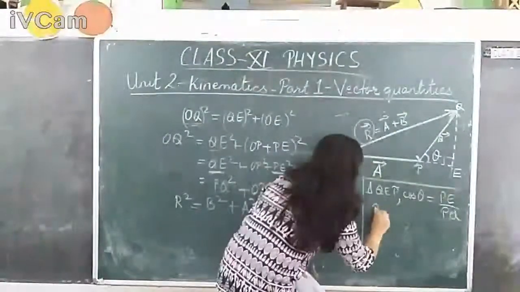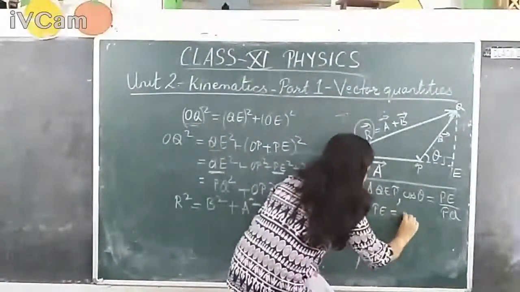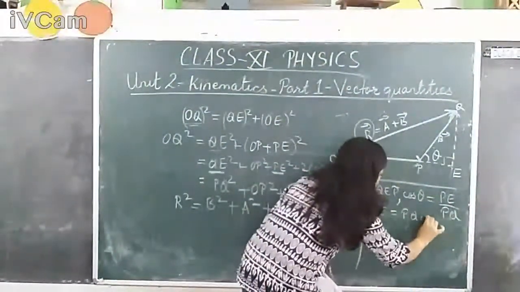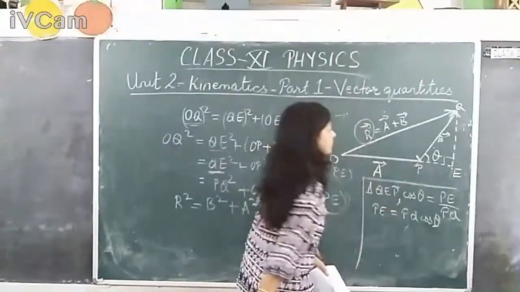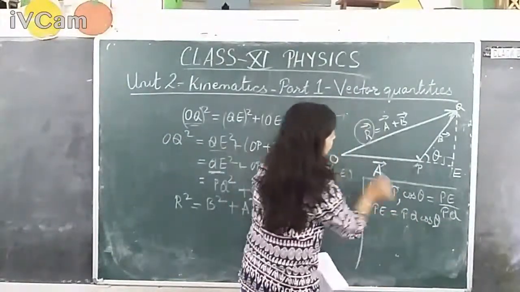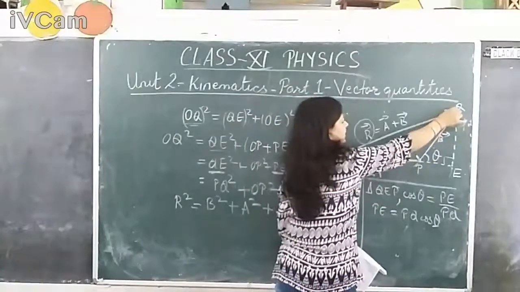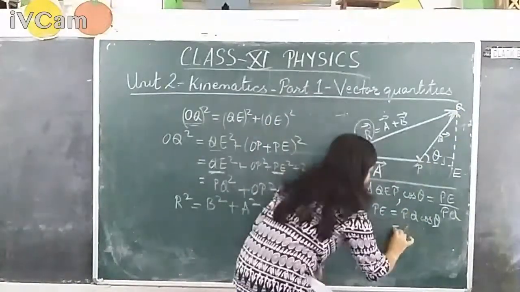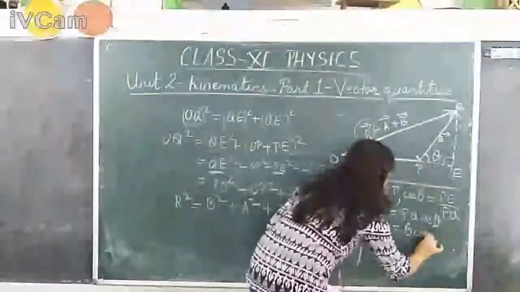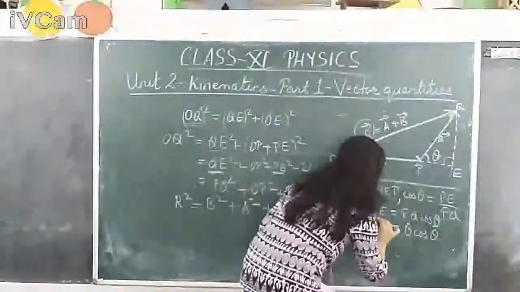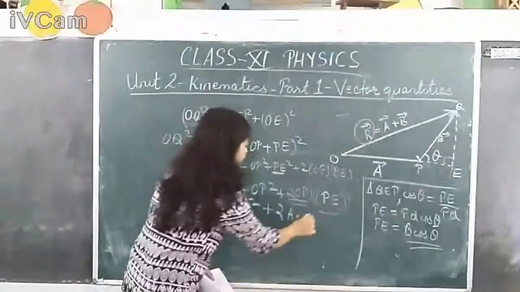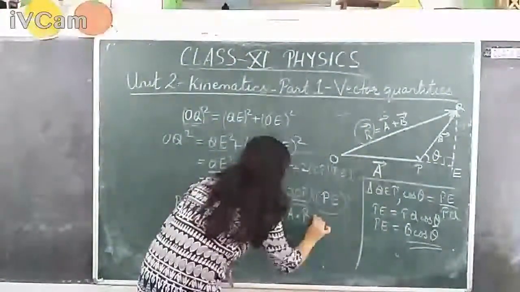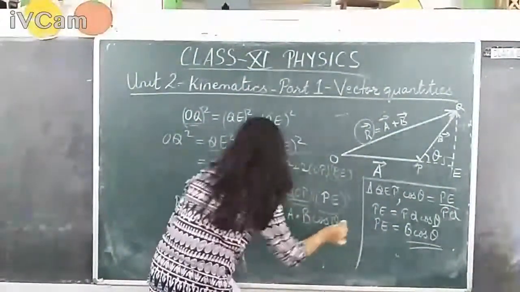If you just cross multiply, you will be getting PE equals PQ cos theta, because we already know theta, the angle between A and B. PQ, if you look at the diagram, is B. So PE can be replaced by B cos theta.